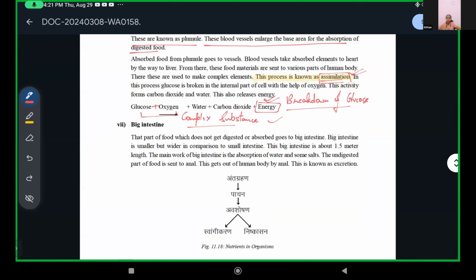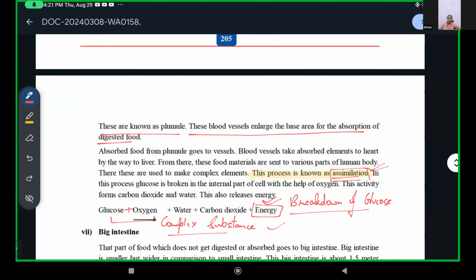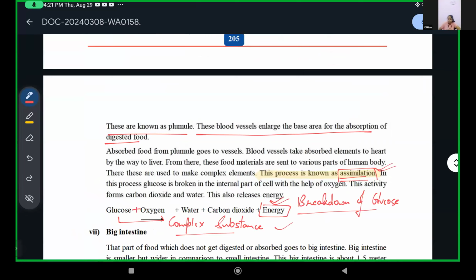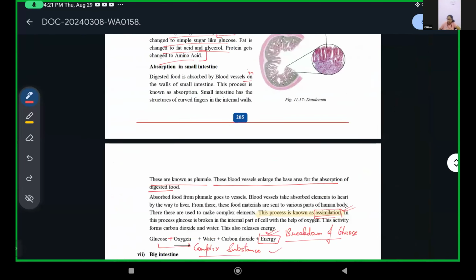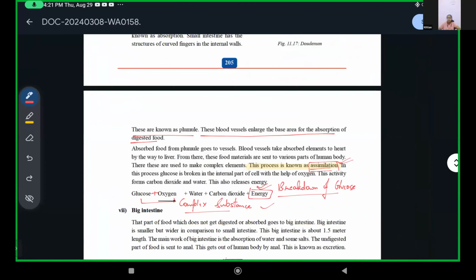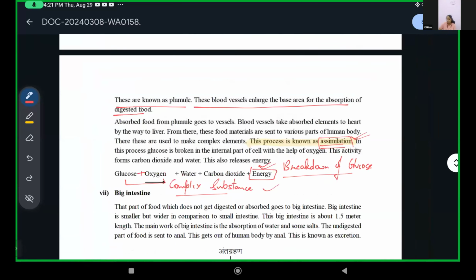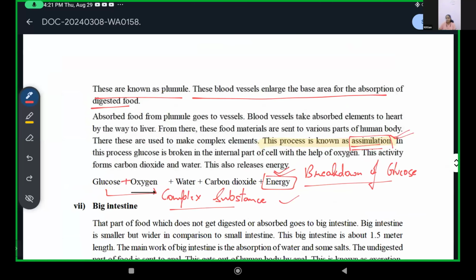I think the liver helps with it. Actually, I think this is done in the small intestine, because we are talking about the absorption and the assimilation process of the small intestine. So I think this breakdown is taking place in the small intestine.